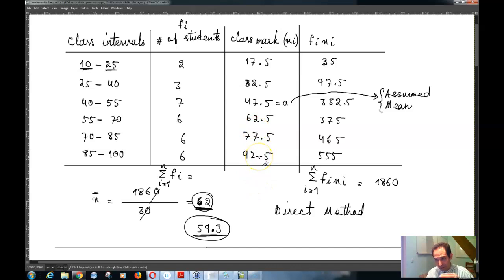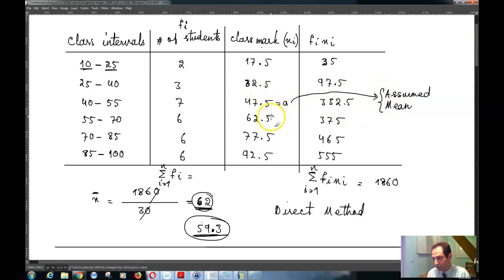Otherwise, if it's unbalanced, then some numbers will benefit, some will not really benefit. Now, if I choose A to be 47.5, that's what I will do.